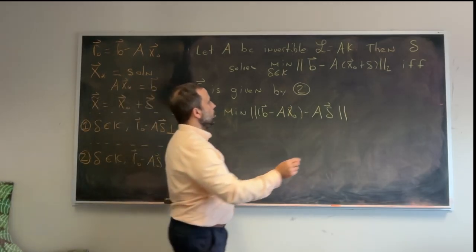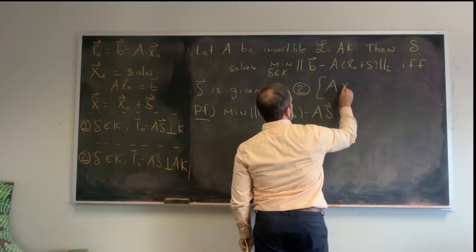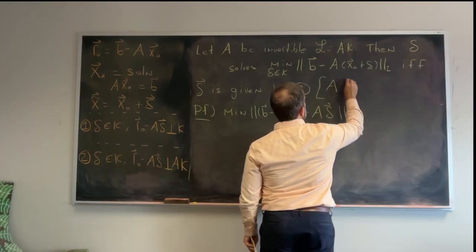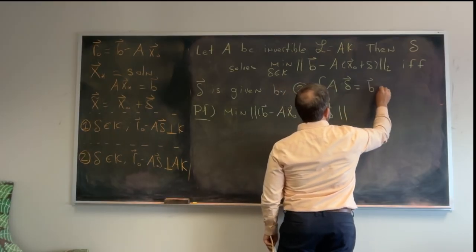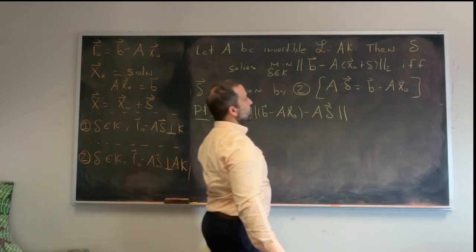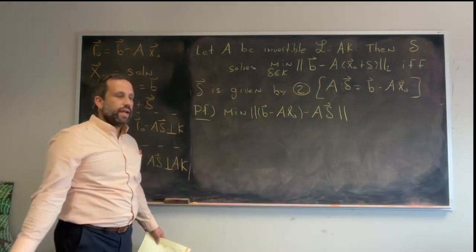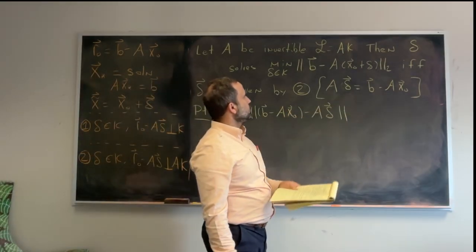So my goal, let me just remind you, is to solve A delta equal to B minus AX naught. If I could do that, then I would win, right? I would know what delta is, and I would be able to figure out what the solution is.